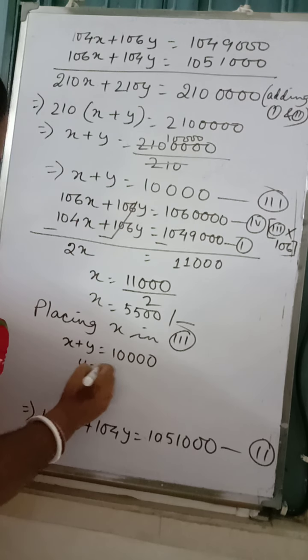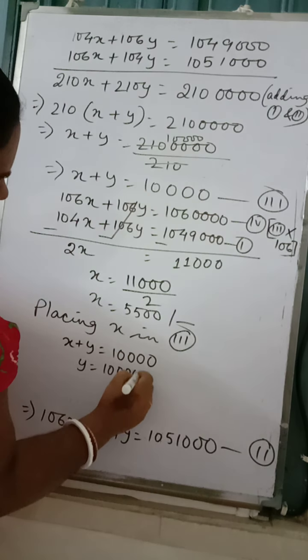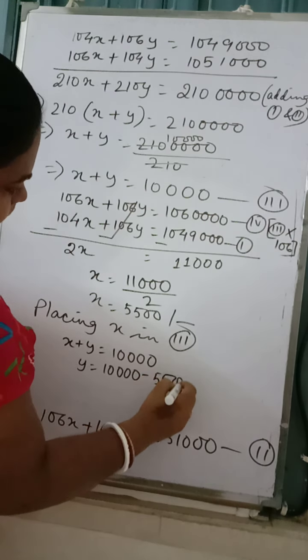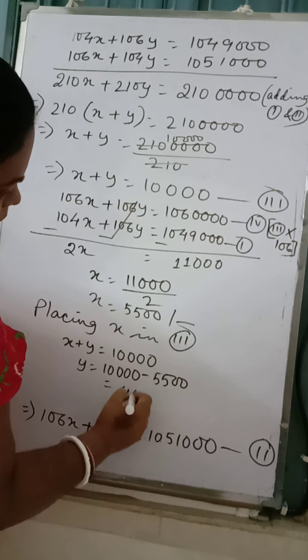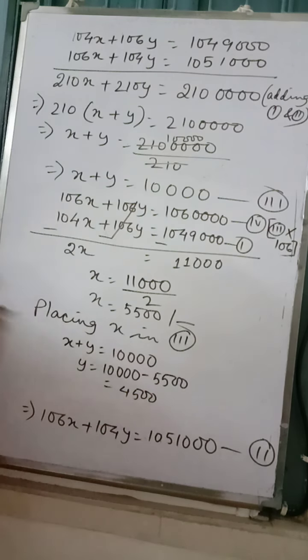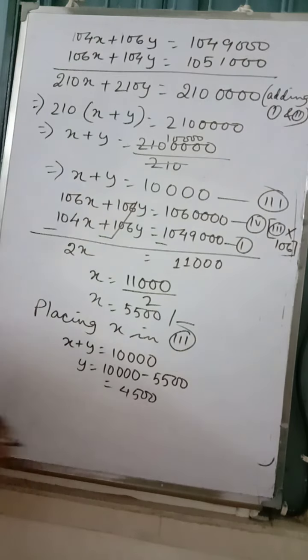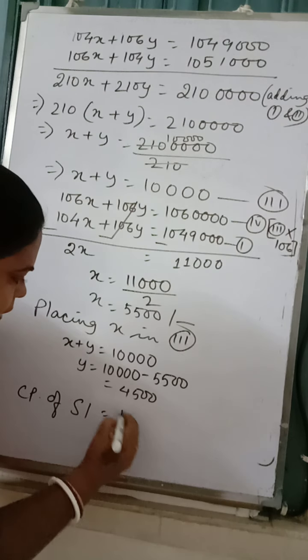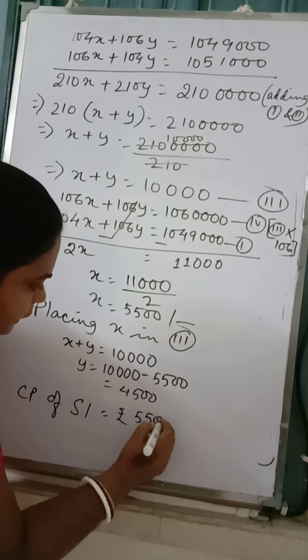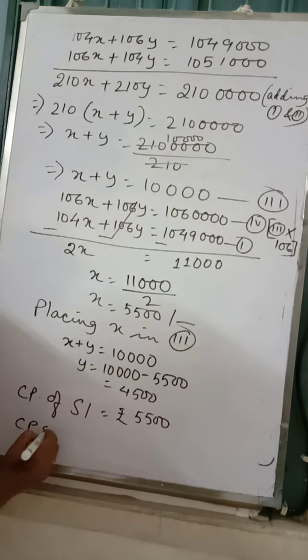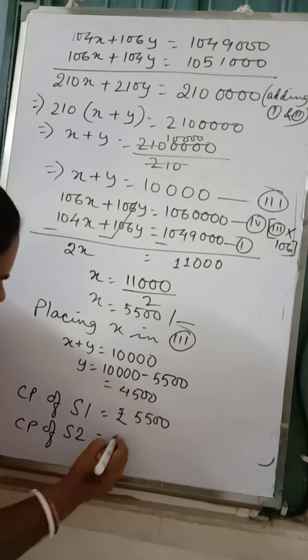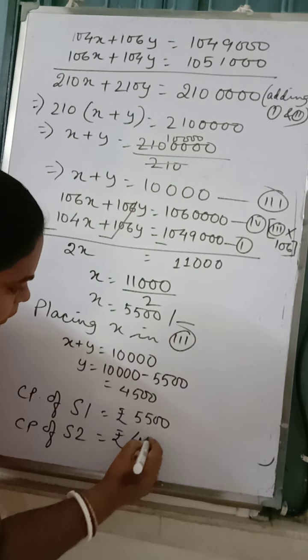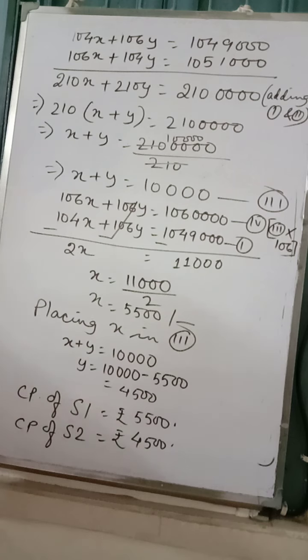So Y is equal to 10,000 minus 5,500, or it gives you 4,500. Now we can write the answer. CP of S1 is rupees 5,500 and CP of S2 is rupees 4,500.